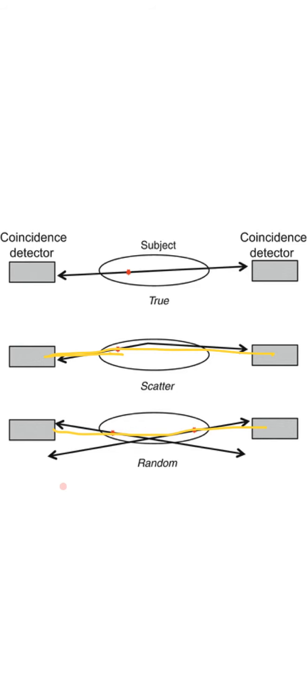So your LOR is an imaginary line between the two detectors that have detected photons within that coincidence timing window, in which they're assuming the annihilation occurred. So without time of flight PET, it assumes that the annihilation happens somewhere along that LOR.